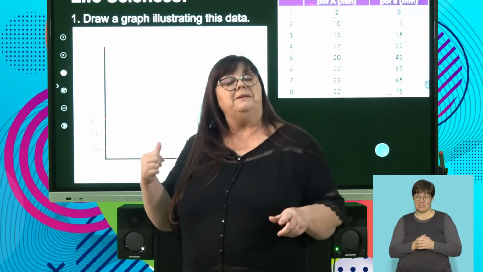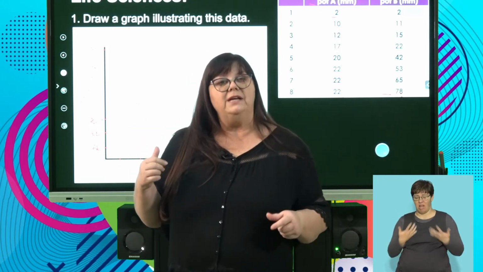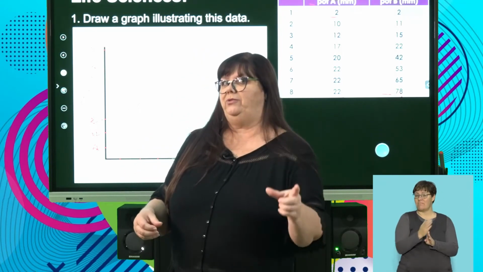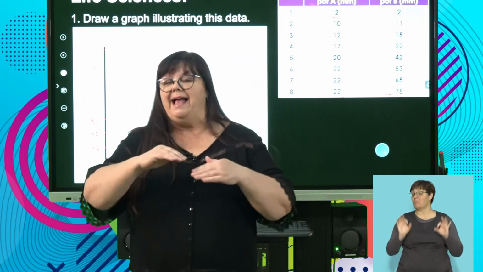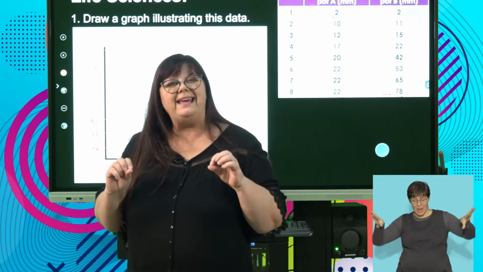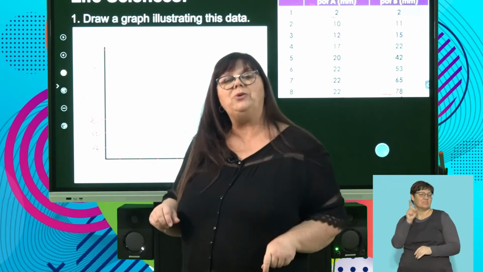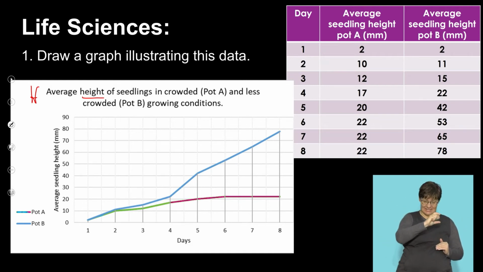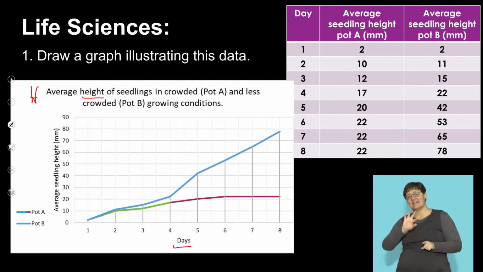And as you can see, mine here is rather messy. So let me show you the graph that I did when I had a proper ruler and a proper pencil and different colors, and I could measure everything out perfectly, just like you have in the test. So here is my final graph. I have a heading, and my heading shows me both of the variables, the height of the seedlings and the various days.